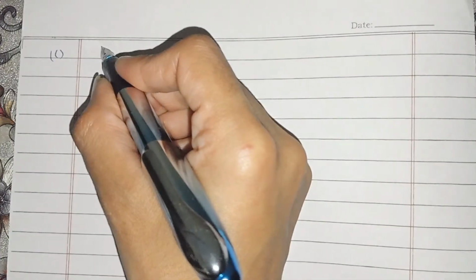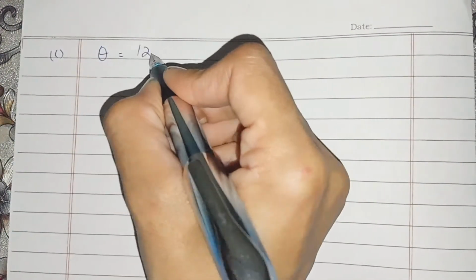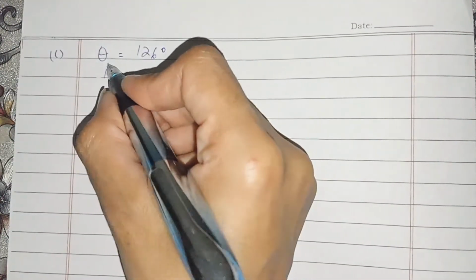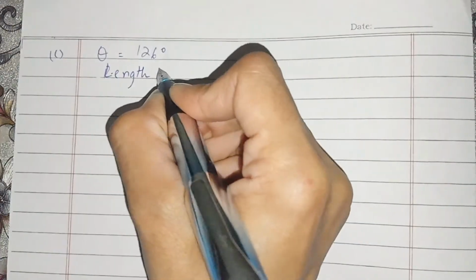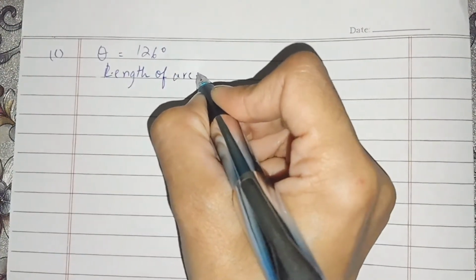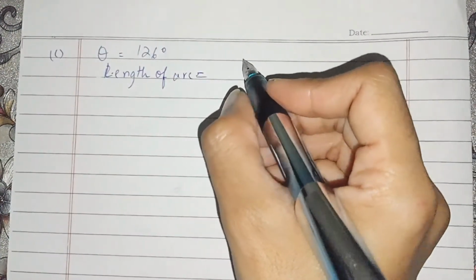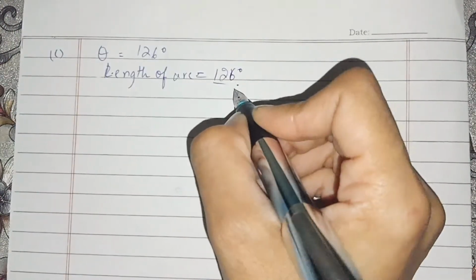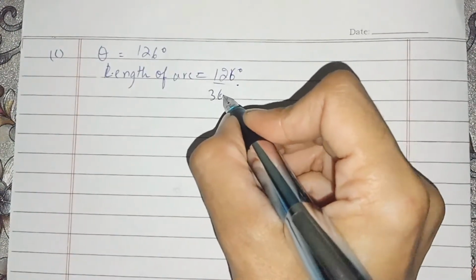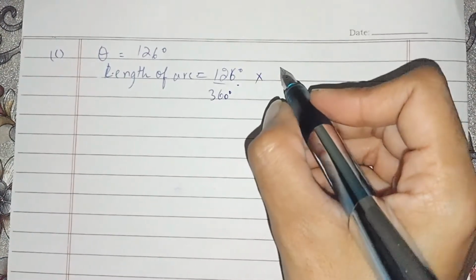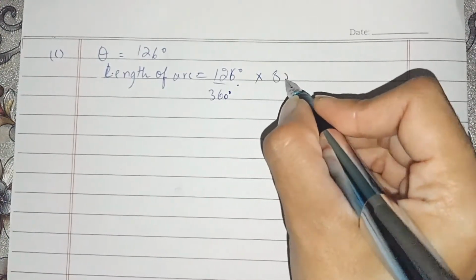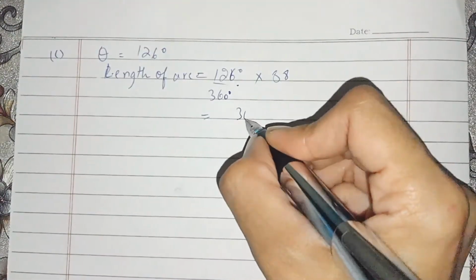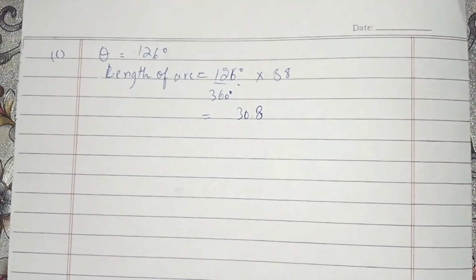Now students, in part number C, theta is equal to 126 degree, and we have to find the length of arc. It is equal to 126 over 360 degree, and the circumference of the circle is 88, and by solving these values we get 30.8.